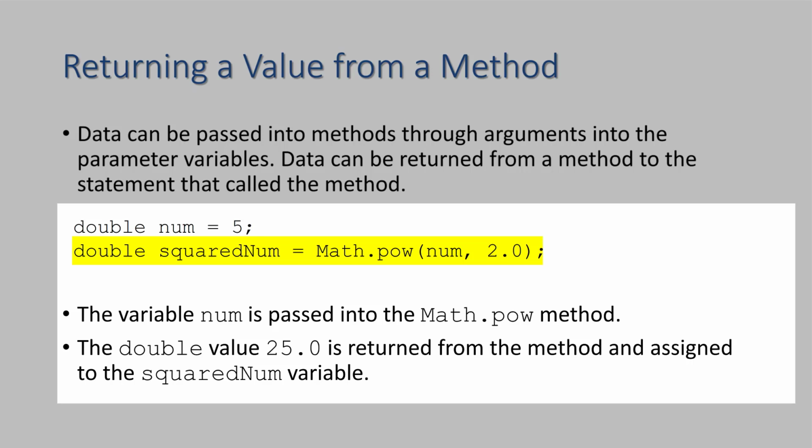So in the statement, double squaredNum = Math.pow(num, 2.0); squaredNum receives the return value from Math.pow of 25.0.